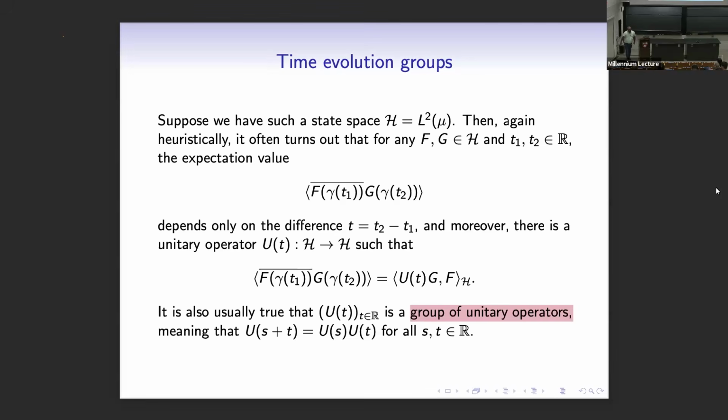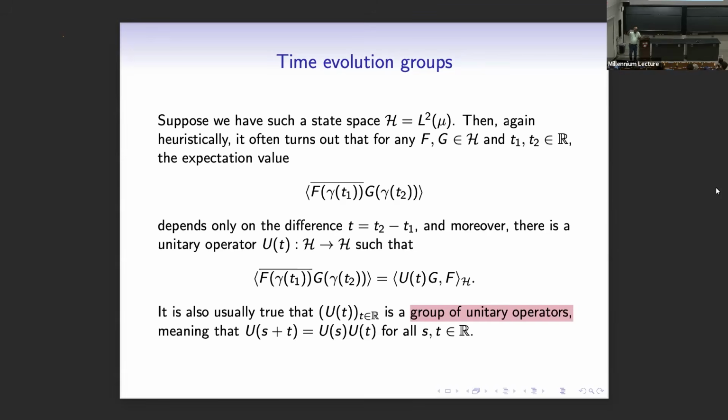Okay, so that's the other version. The path integral is one version, and then there is another version of quantum mechanics where the system's states are represented by elements of the Hilbert space, and how the states evolve with time is described by these unitary operators.